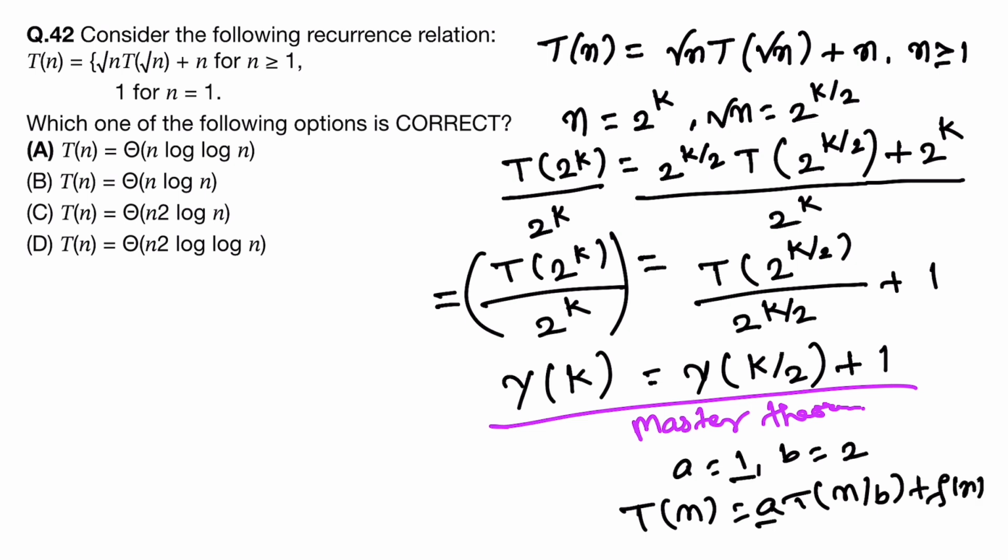So a is 1, b is 2. What is the value of log of a to the base b? Log of 1 to the base 2 will be 0. So here n to the power 0 will be 1. So we will have to multiply by log times.